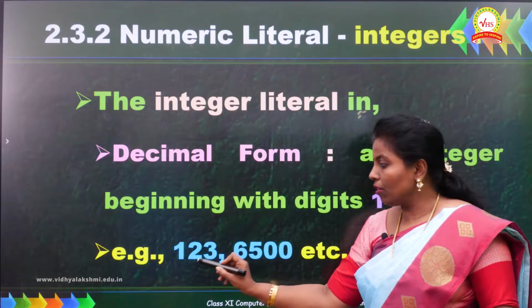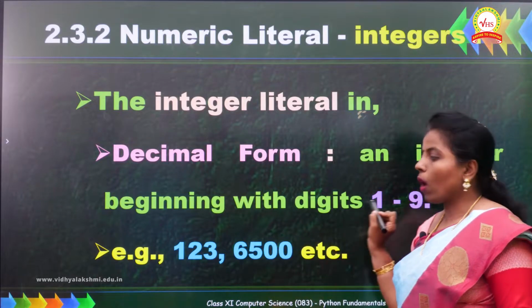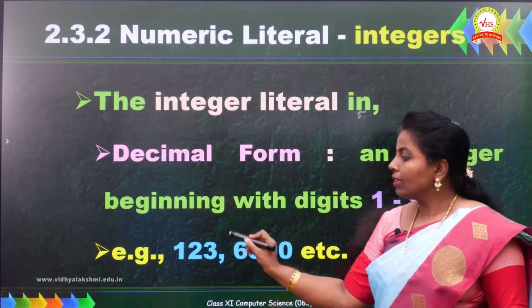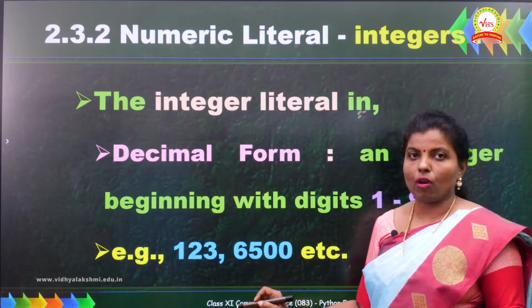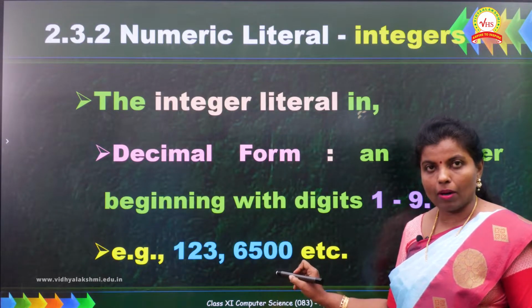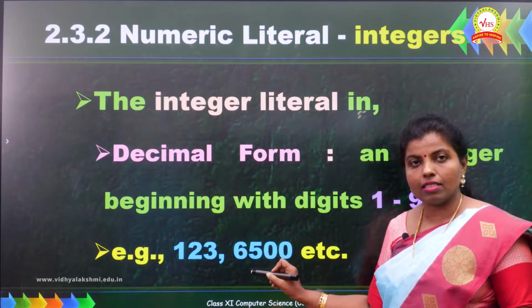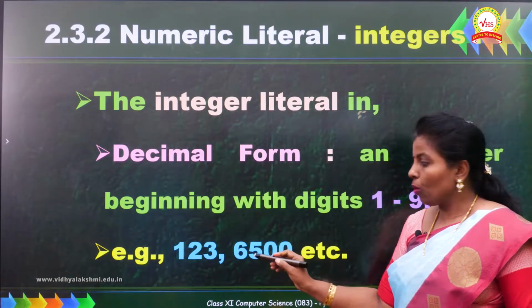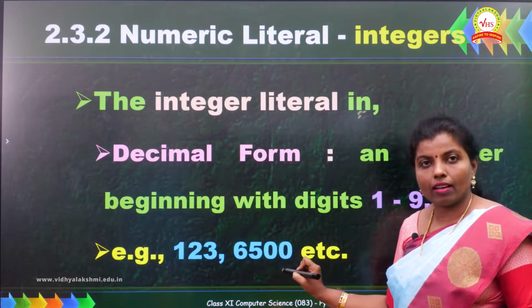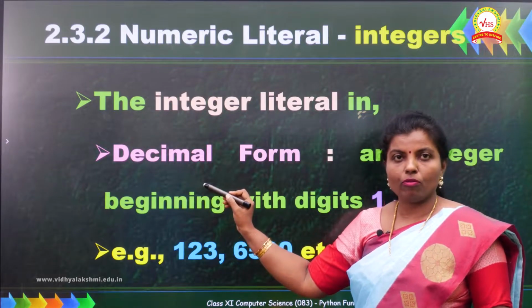In this example, the first digit is between 1 and 9, so this number is treated as an integer literal in decimal form. Also, the next number is 6500. Its first digit is between 1 and 9, so 6500 is also an integer literal in decimal form.